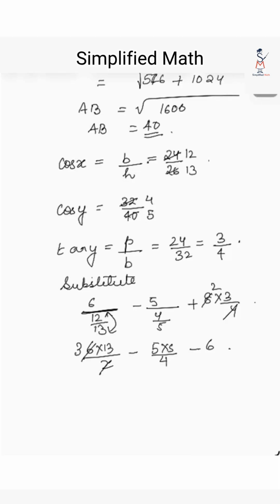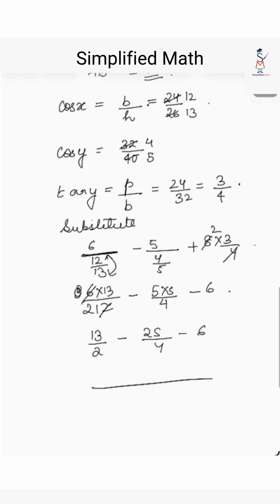This is 12, sorry. So this will become 13 by 2 minus 25 by 4 plus 6. The LCM will become 4. 13 into 2, 26, minus 25, plus 24. So this will become 26 minus 25 plus 24, so this will become 25 by 4. So this is the answer for this.